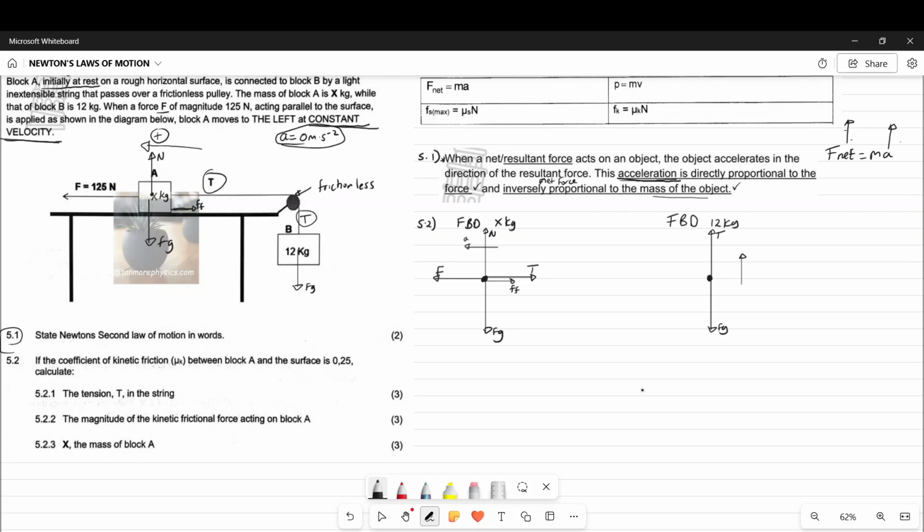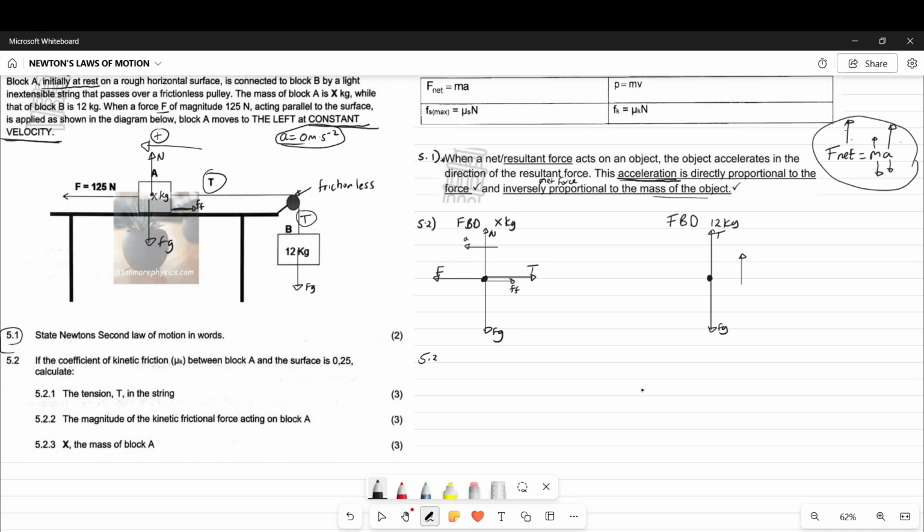So if the mass decreases, the acceleration increases. If the mass increases, the acceleration decreases, because they are inversely proportional, right? We're going to discuss this later on, so for now, let's answer this question.